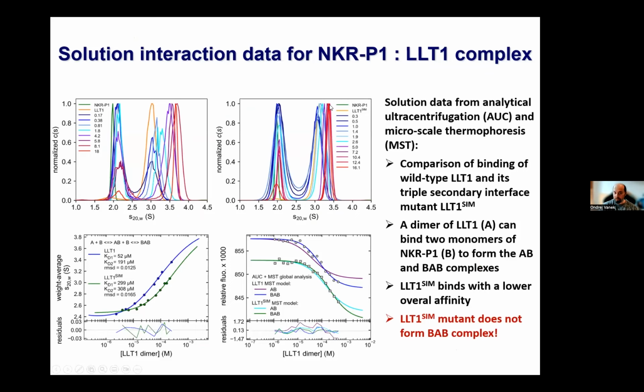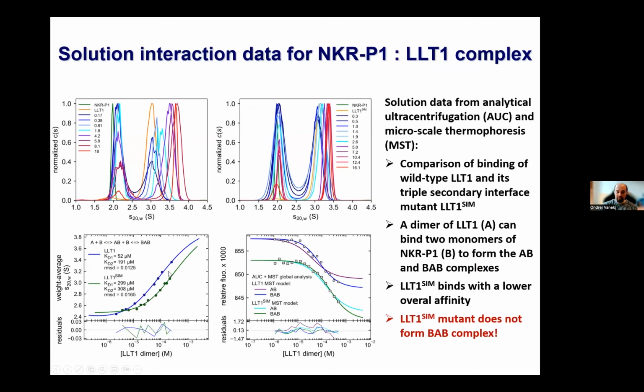So we still see binding and complex formation with the mutant, but the complex that is created is smaller, and the interaction has a weaker affinity.